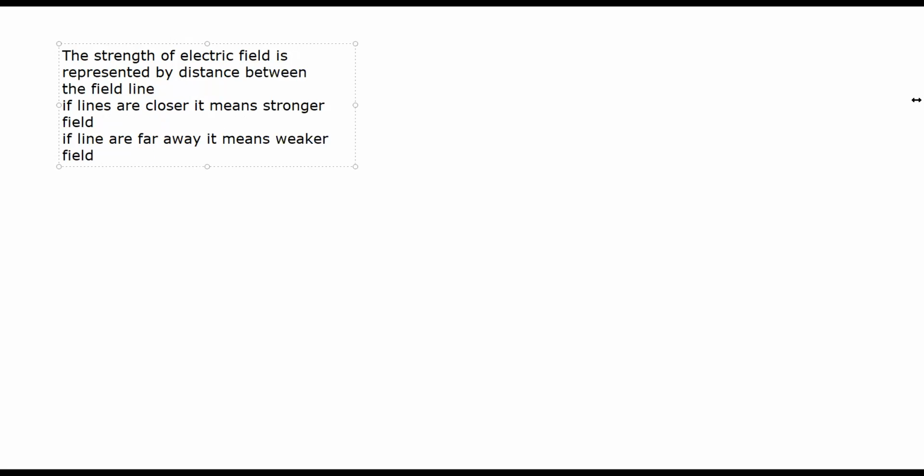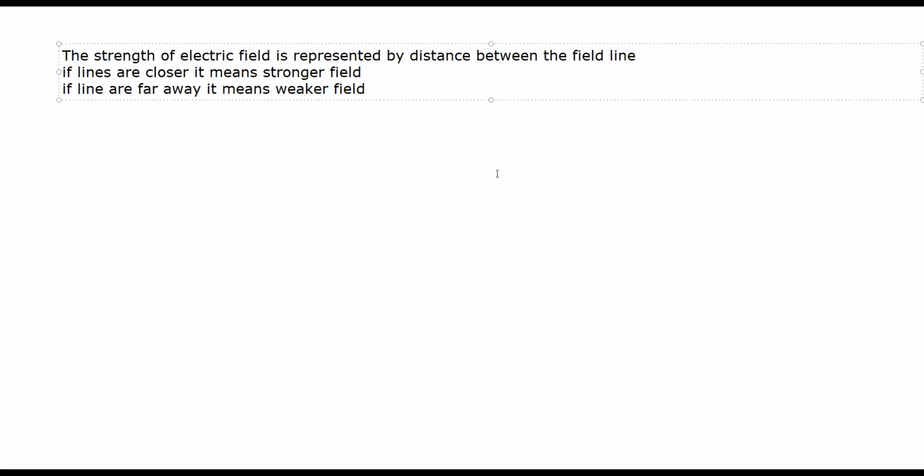For example, you have two positive charges. One is a small positive, another one is a large positive. The small positive has a weaker electric field, and the large positive has a stronger electric field.